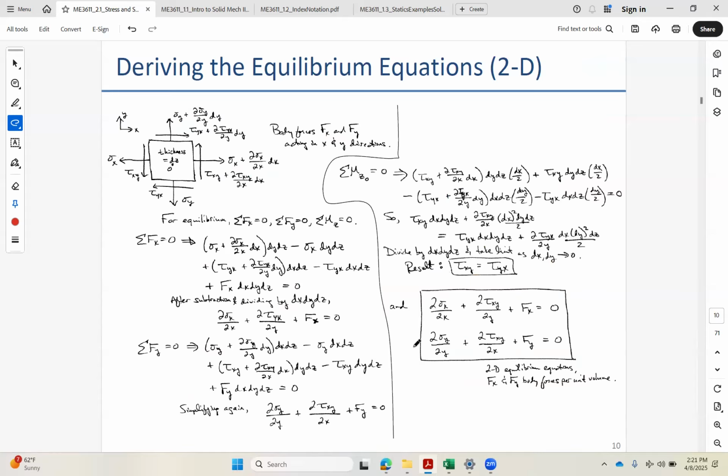Some forces x, some forces y, and then some moments about out of the page z. So let's say we look at the sum forces in x first. Which arrows do we have going in the x direction? Well, sigma xx for sure. And then also tau yx. It's on the top and bottom, but it's still moving in the horizontal direction.